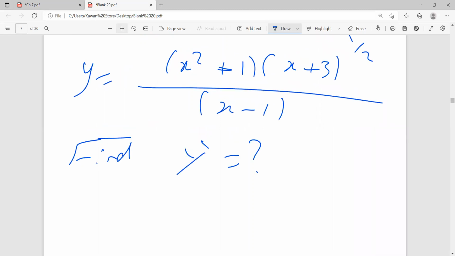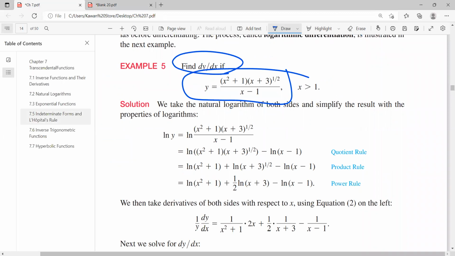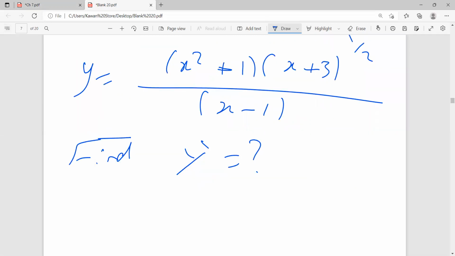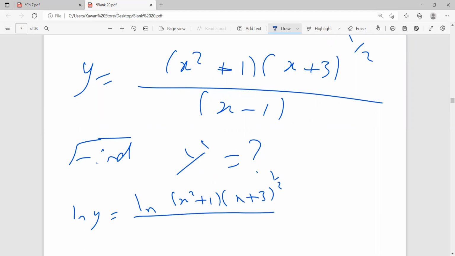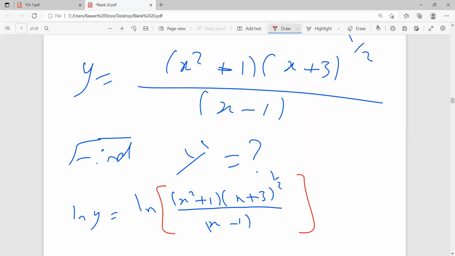And later you will see it in the indeterminate forms, in section 5.7, where we are going to use this idea. That's why I mentioned it here. So I say ln of y, look here, is equal to ln of the fraction x squared plus 1, x plus 3, to the power 1 over 2, over x minus 1.